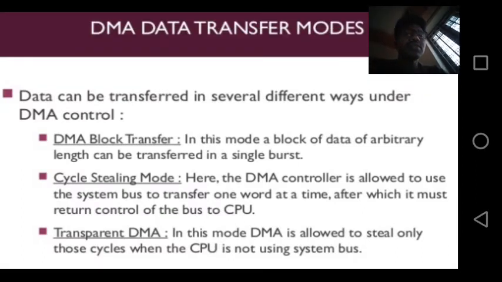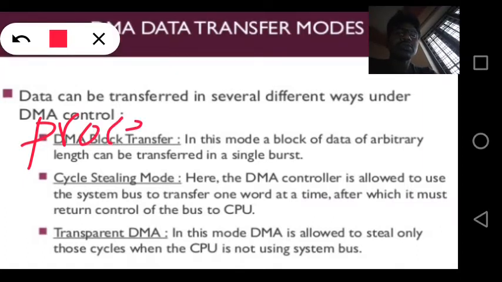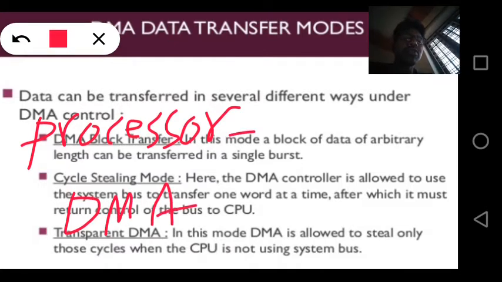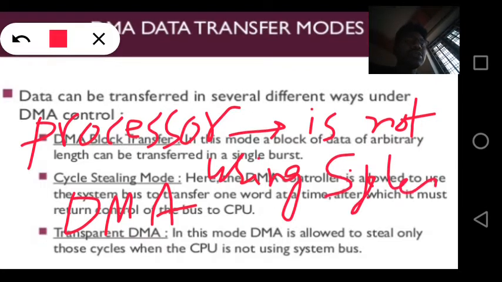What happens in this mode? When the processor is not using the system bus, then the DMA can use the system bus, only when the processor is not using it.